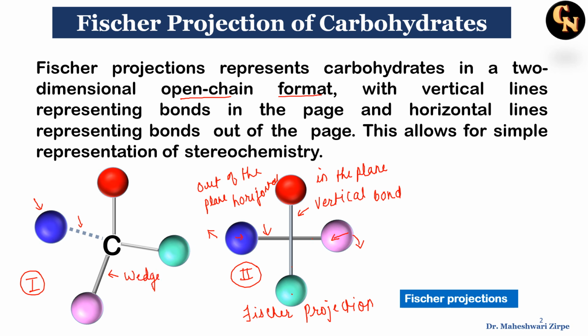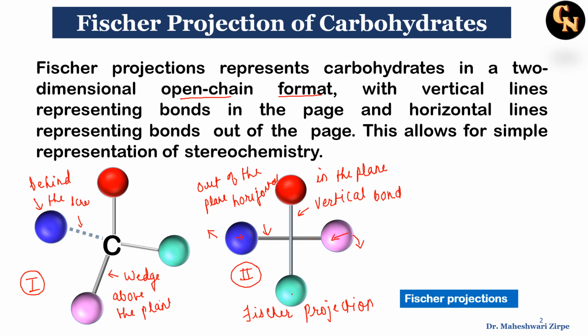Wedge indicates above the plane. So here your pink ball and a bond will be coming in front of your eyes, that is, out of the screen. So it is going to be out of the plane, whereas the blue ball and the dash will go behind the page or screen.